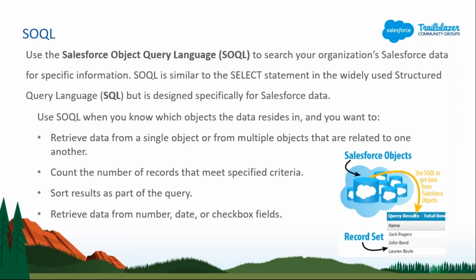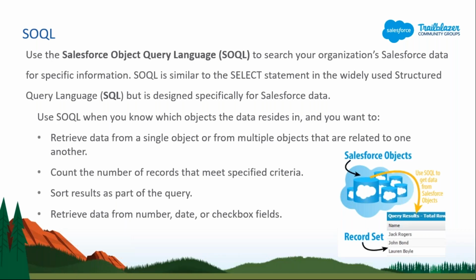But if there is no relation between account and student, then we can't search account from student, or student from account. We can't do that here. But if we have a requirement like that, then we'll go for SOSL.